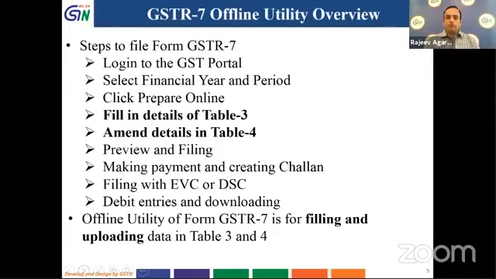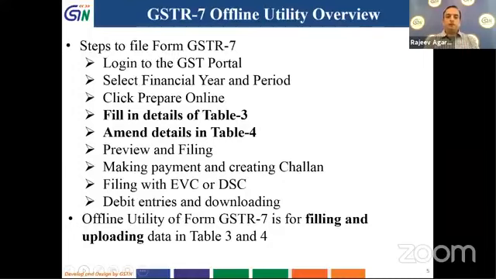So let's take an overview of GSTR 7 offline utility. We have already done a webinar on GSTR 7 online utility that is available on the GSTN YouTube channel. You can go and see it on that channel. But the basic steps involved in filing form GSTR 7 are that you log in to the GST portal, then you select a financial year and period, then you click prepare online.